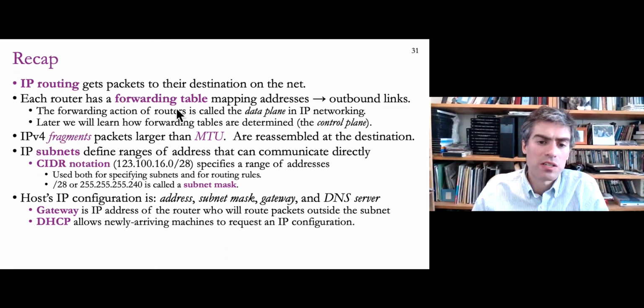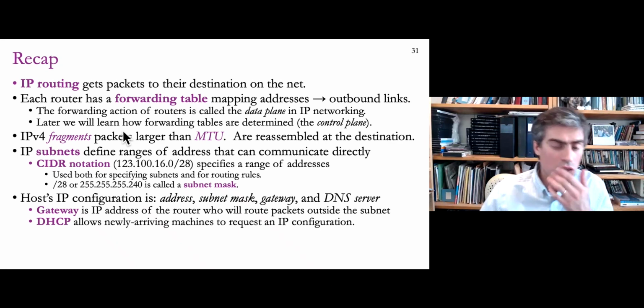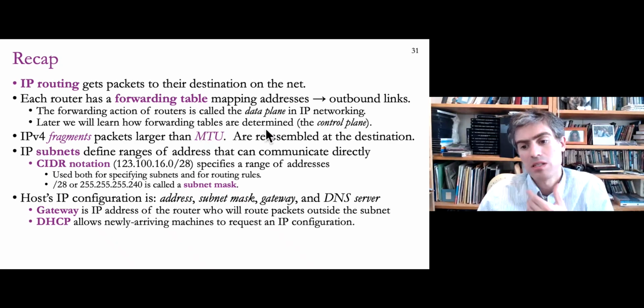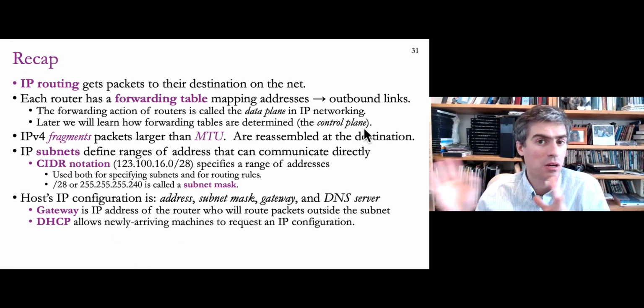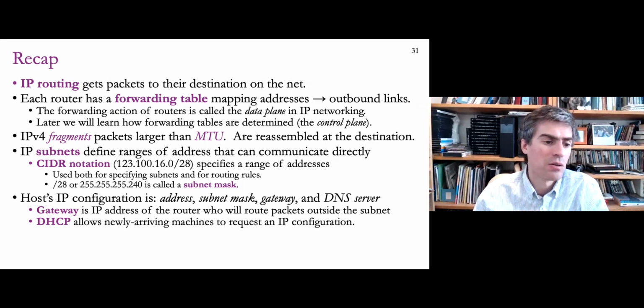To do that, each router has a forwarding table. The purpose of that table is to map addresses to outbound links. And those addresses are specified with ranges, not individual addresses. We call that forwarding action of routers the data plane in the IP network, whereas determining the forwarding rules in the first place is called the control plane, which we haven't covered yet. We'll talk about that in a couple more lectures.